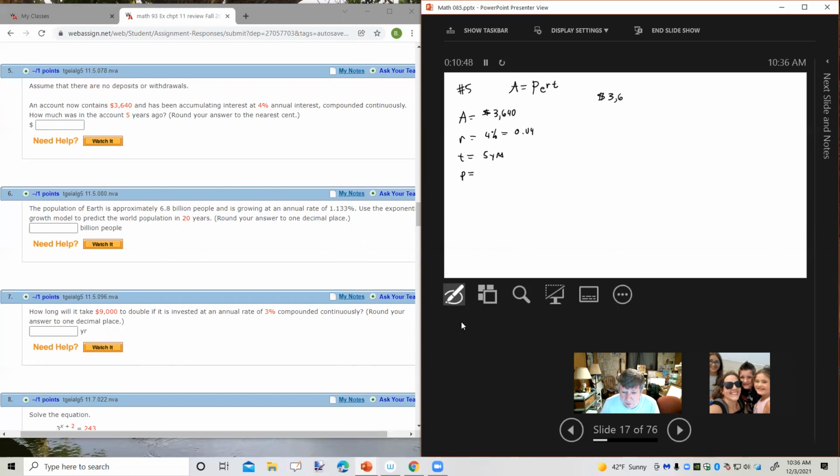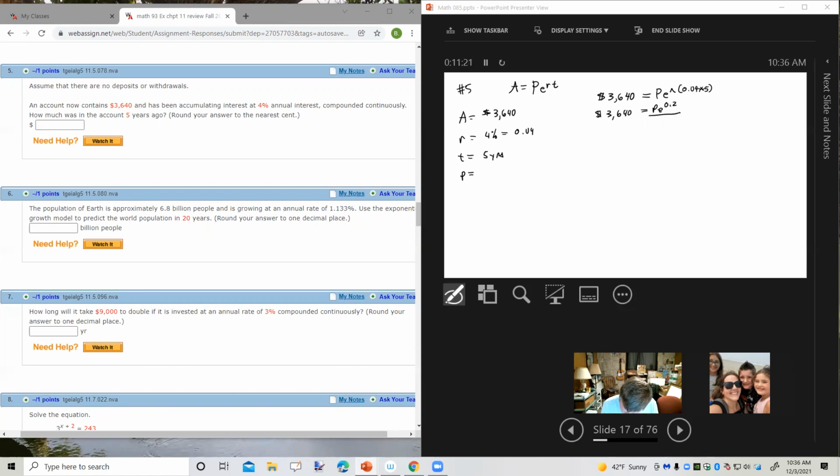I need to just slow down. I'll get through all this. $3,640 equals P times e to the 0.04 times 5 power. And so if we take 0.04 times 5, we get 0.2.